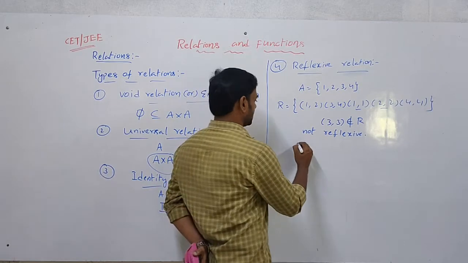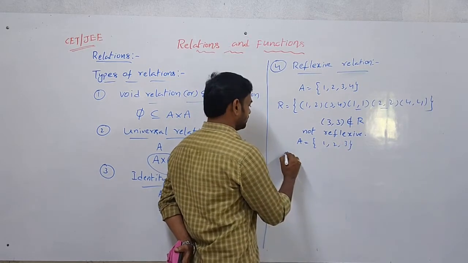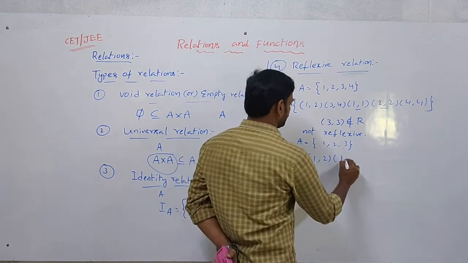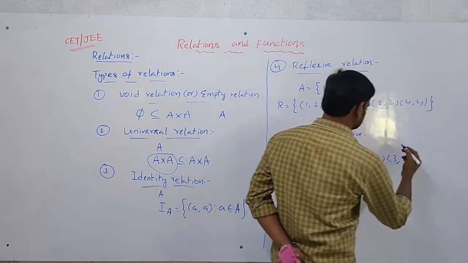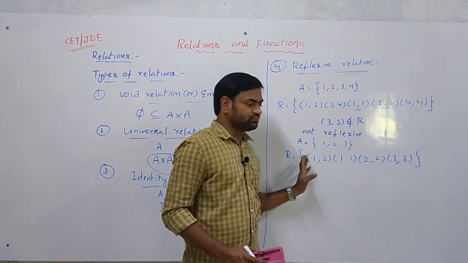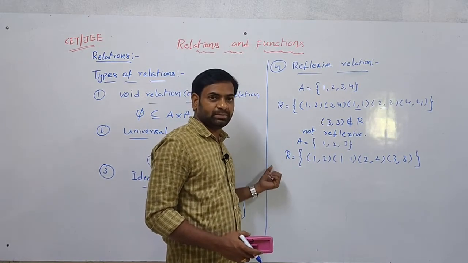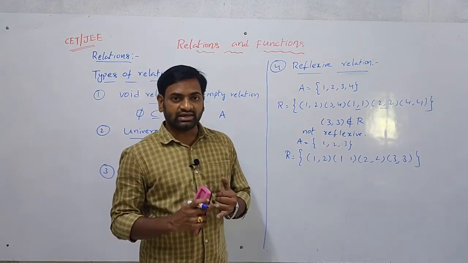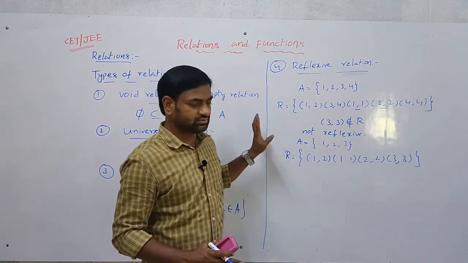Suppose here capital A equals {1, 2, 3}, and I define the relation on A as R = {(1,2), (1,1), (1,2), (2,2), (3,3)}. Close this one. Now, is the relation reflexive or not? Reflexivity depends completely on the given set A. Always remember, reflexive always depends on the given set.